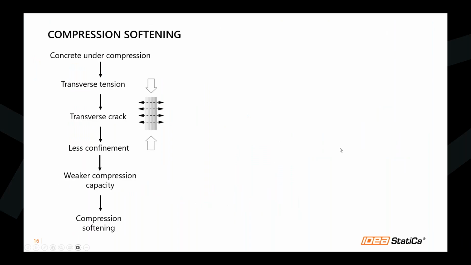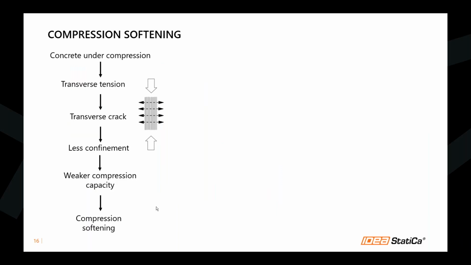Yeah, this is why, when concrete is under compression, there'll be some transverse tension, meaning it's perpendicular to your principal stress. There'll be a transverse tension causing transverse cracks. Then there's less confinement for your concrete. If there's less confinement, it means there's a weaker compression capacity. This phenomenon is known as compression softening.